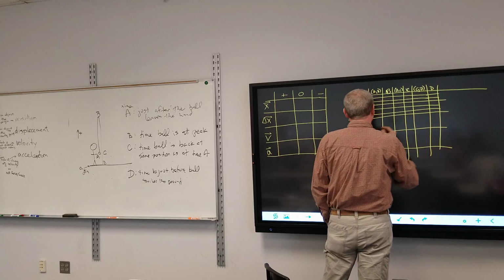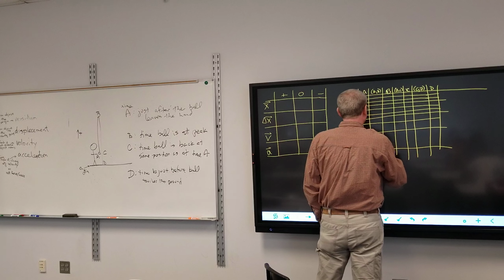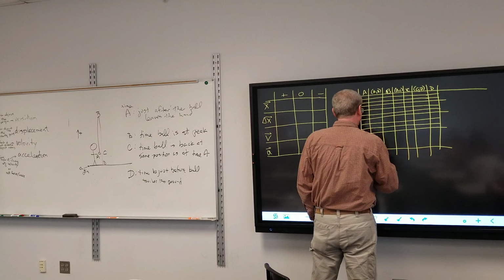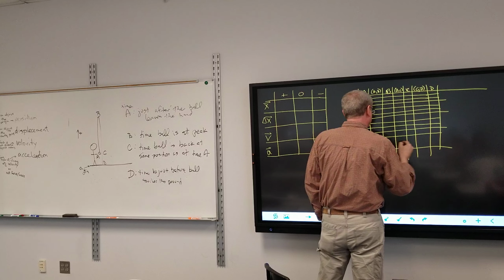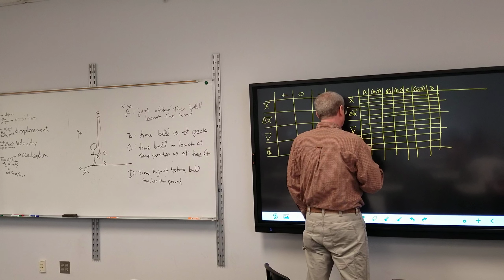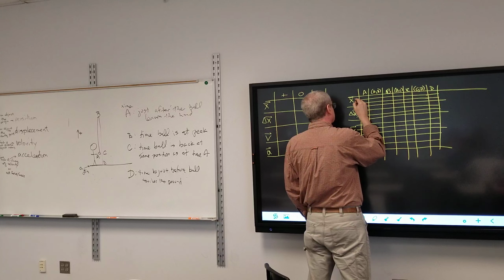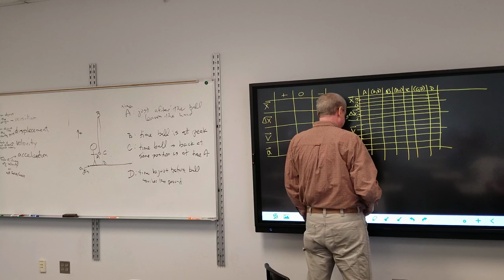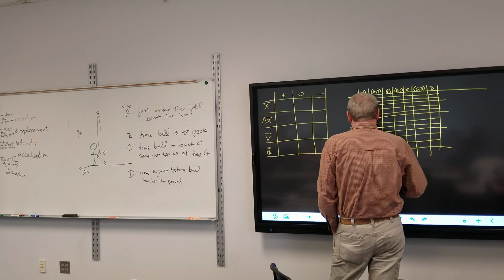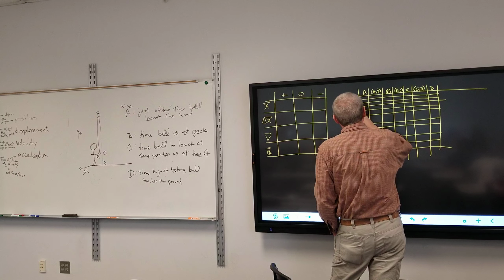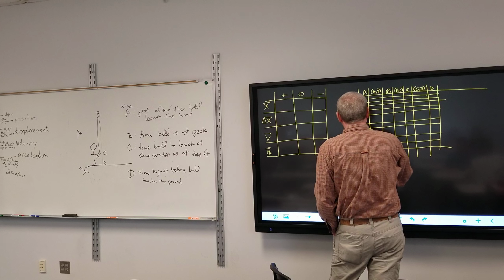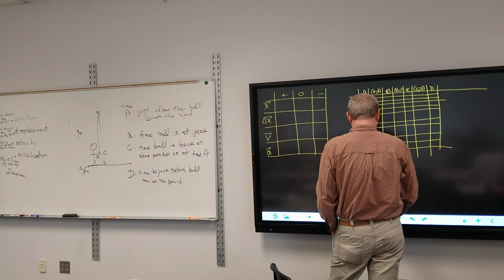Okay, find the derivative of b. So at that rate, acceleration for b is 0 because it doesn't have a rate of change. So b is 0 for velocity.